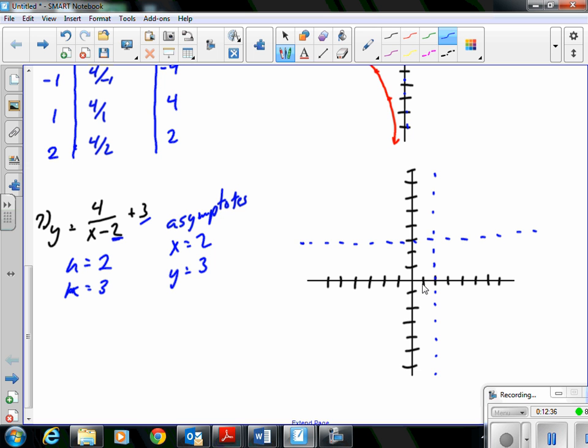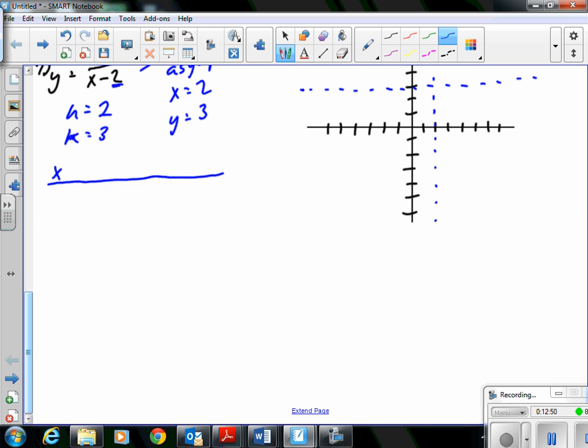So we're going to go 1 and 0 to the left and 3 and 4 to the right. So we're doing 0, 1, 3, and 4.